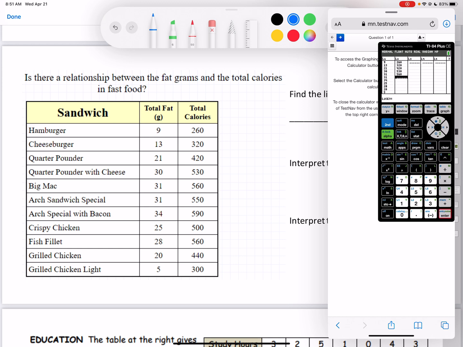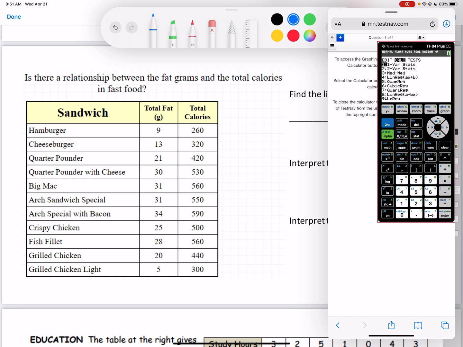All right, and when I get to the end, I should have found that the dimensions are perfectly matched. If they weren't matched, that means I probably missed a number. So fingers crossed here. And we're good. All right, so all my data is into L1 and L2. I go to Stat again, scroll over to Calc, and I'm going to go to one var stats, I'm just kidding, I'm not going there.